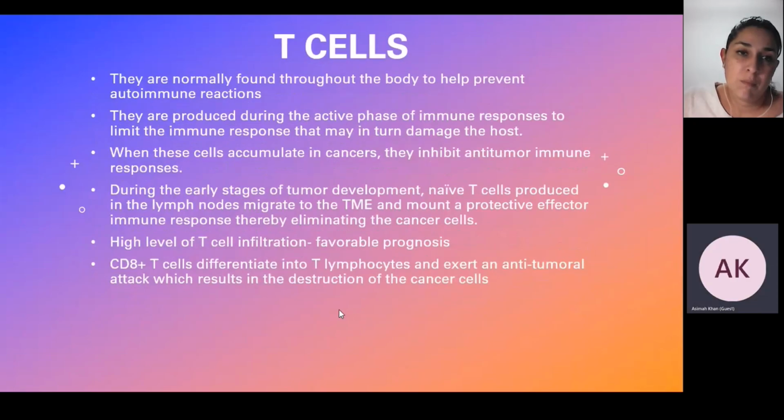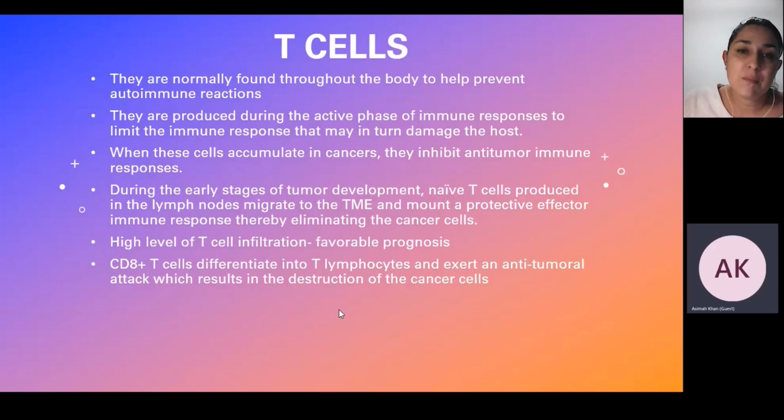T cells. T cells are normally found throughout the body to help prevent the autoimmune reactions. They are part of the acquired immune system response. They are produced during the active phase of immune responses to limit the immune responses that may in turn damage the host.